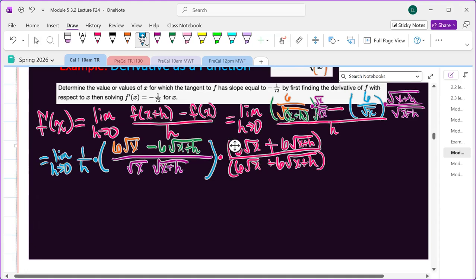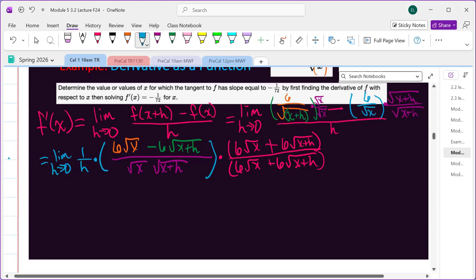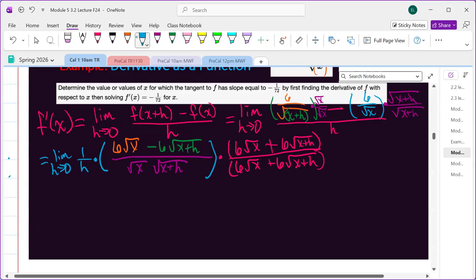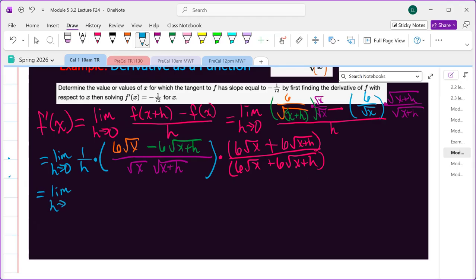All right, on the top, we're going to FOIL that, distribute it through. On the bottom, we're just going to leave it all multiplied. We're not going to actually distribute through. Because the top is where I want that h to show up so it'll cancel. So we still haven't substituted in the 0 for h, so we still have the limit. We still have the 1 over h out front.